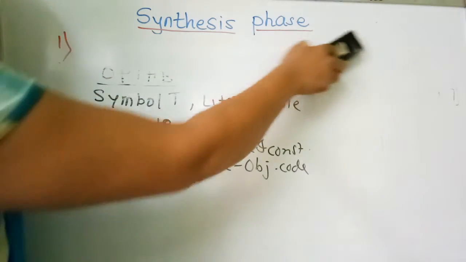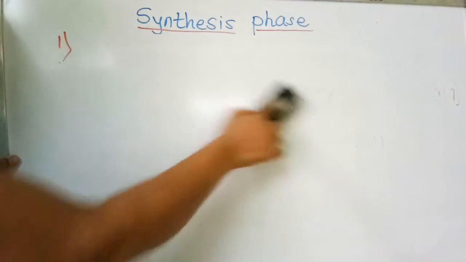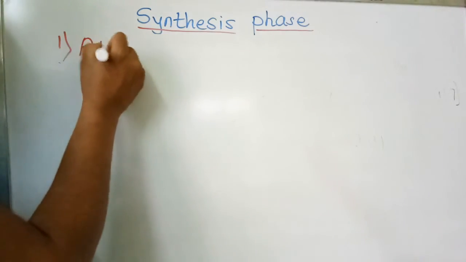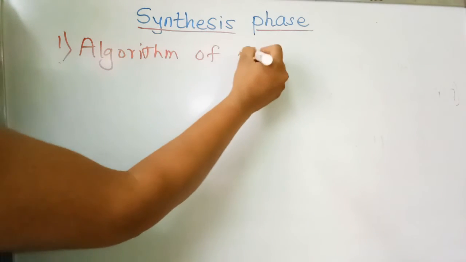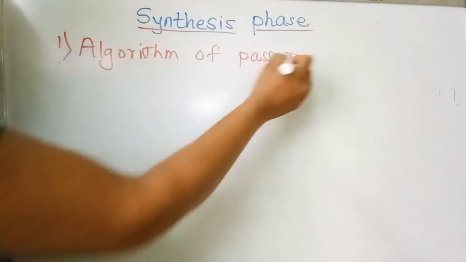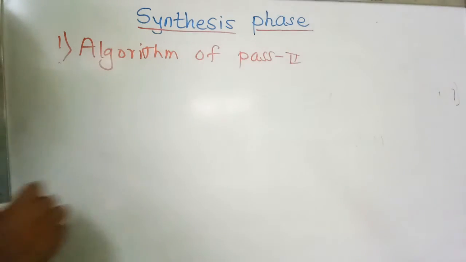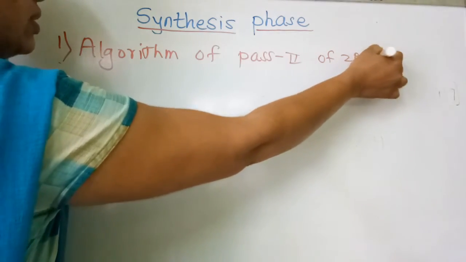Now we will cover the next step of the synthesis phase, that is the algorithm of pass two of a two-pass assembler. Okay.